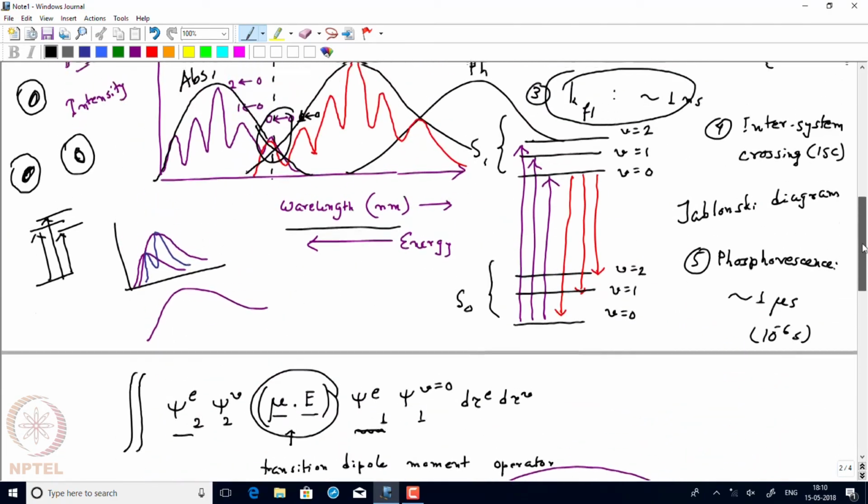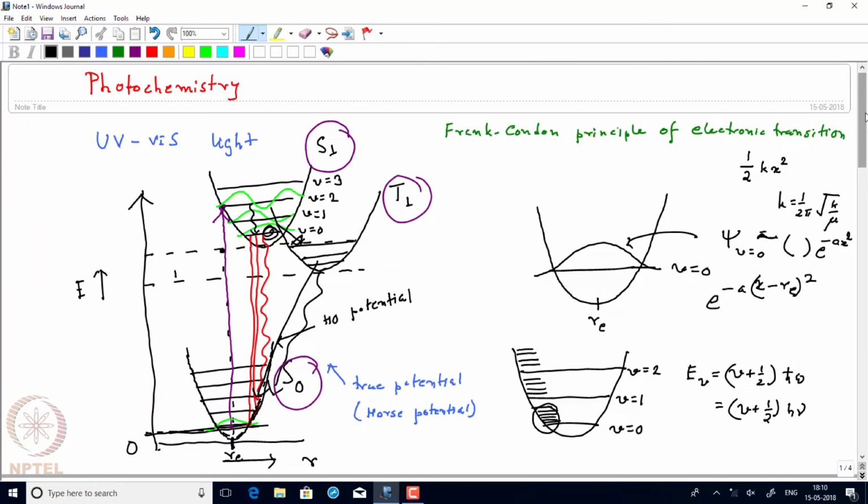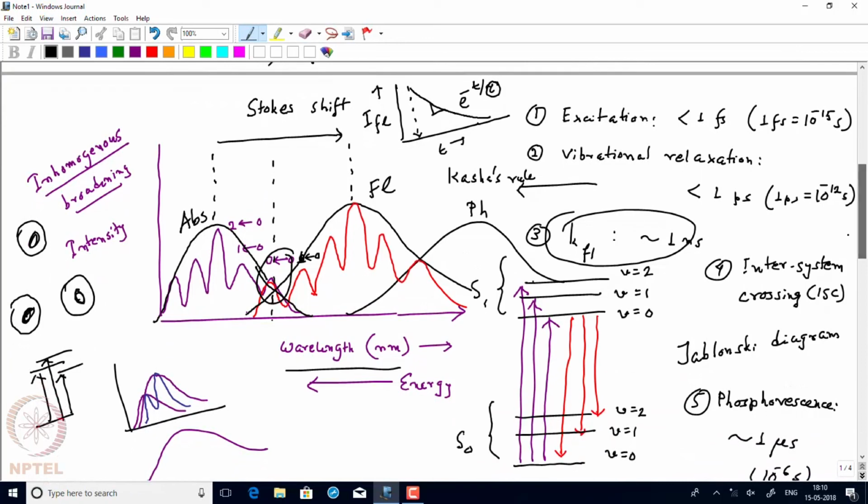We also talked about the characteristic absorption and emission spectrum, where the mirror image relationship comes from, and how the fluorescence absorption and the fluorescence spectrum look like mirror images of each other.